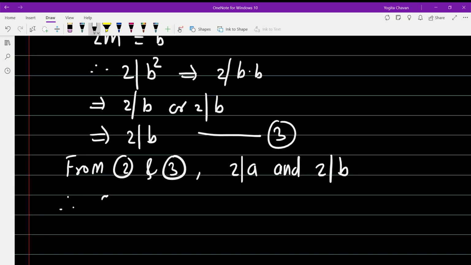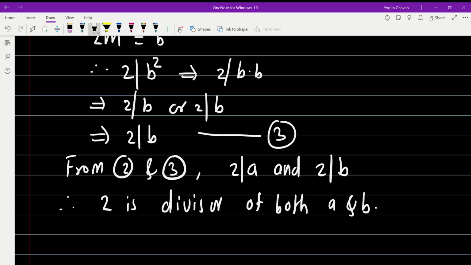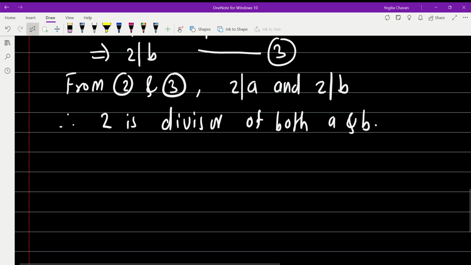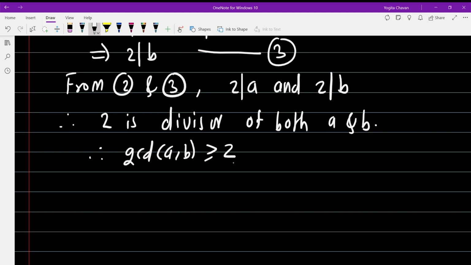Therefore 2 is a divisor of both a and b. Therefore 2 is a common divisor of a and b. Therefore the GCD, greatest common divisor of a and b, is guaranteed to be greater than or equal to 2. This is a contradiction.